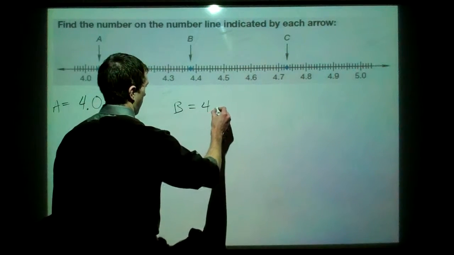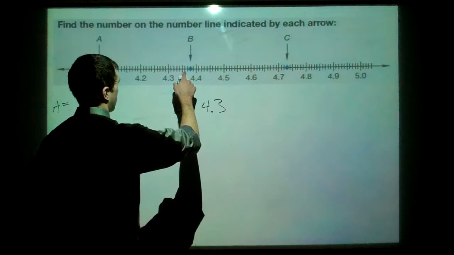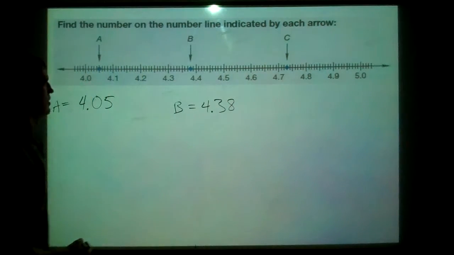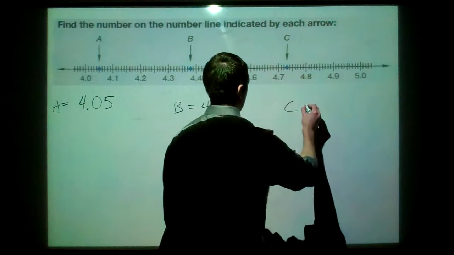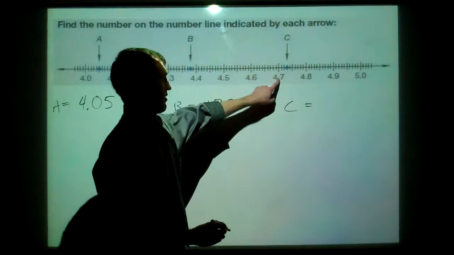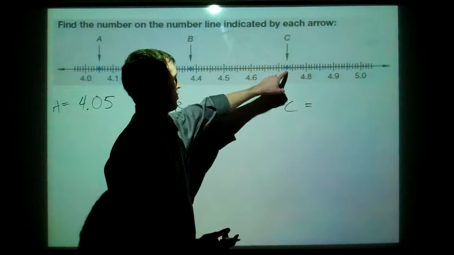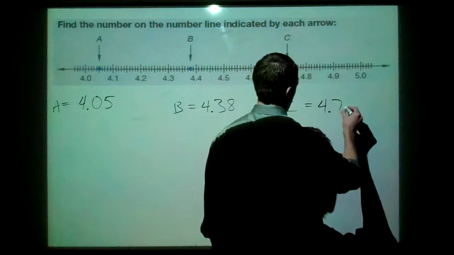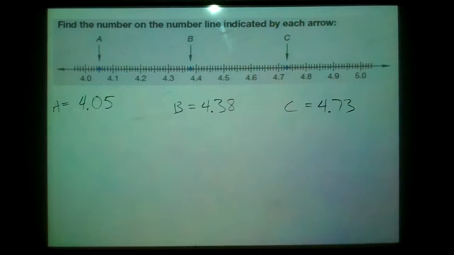So 4.3, 1, 2, 3, 4, 5, 6, 7, 8, 4.38. So at 8 we go in the hundredths place. And our last one here, C, 4.7, it's at least 4.7, but less than 4.8. 1, 2, 3, 4.73. Alright, I'm going to stop it here, and we will work on more of this tomorrow.